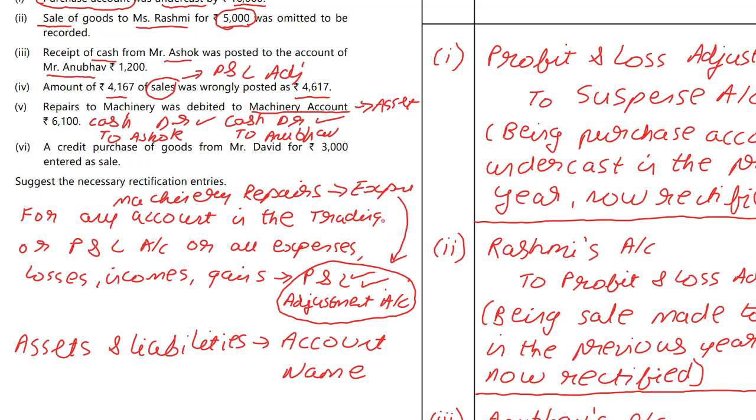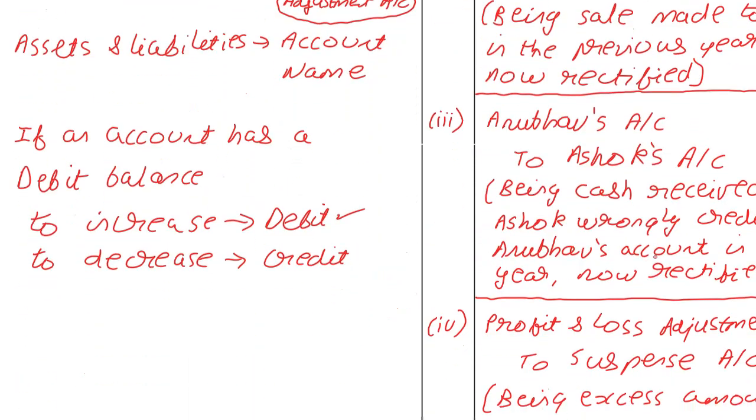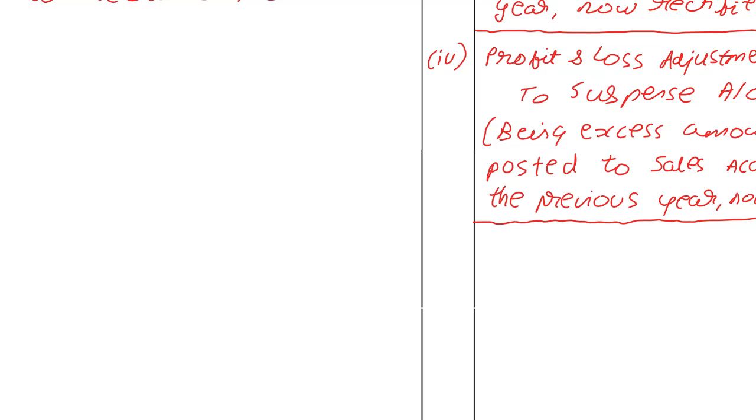So you wrongly debited the machinery account. We undo the mistake by crediting the machinery account. You were supposed to debit machinery repairs account. But now we are past that financial year, so you are going to have no choice but to debit the P&L adjustment account.